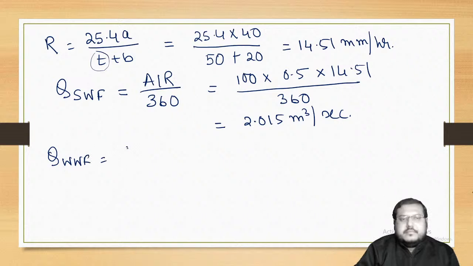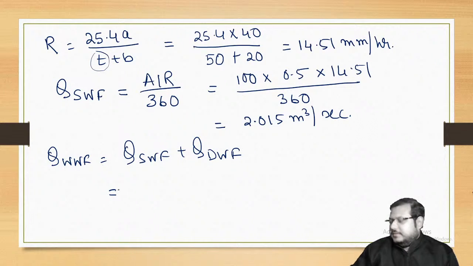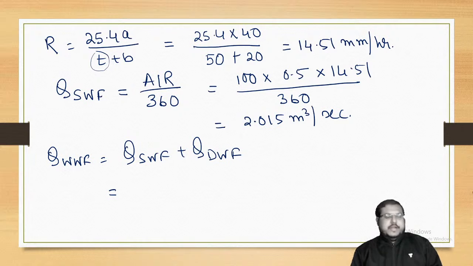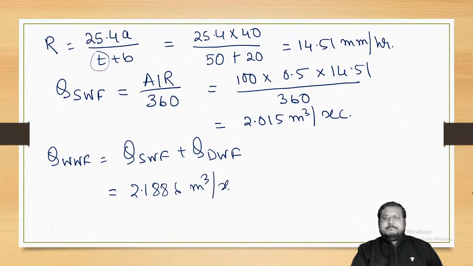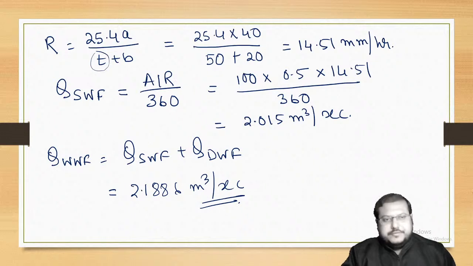QWWF, which is QSWF plus QDWF. Most of the students generally commit mistake in this part. Don't get confused. Wet weather flow means the storm water flow plus the dry weather flow. That will be your final answer for QWWF.